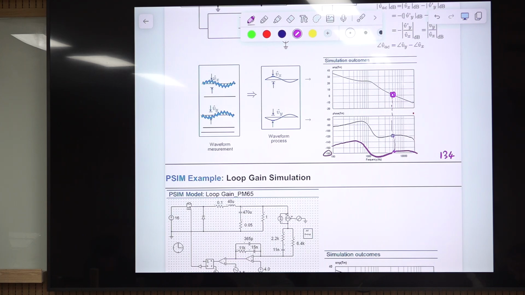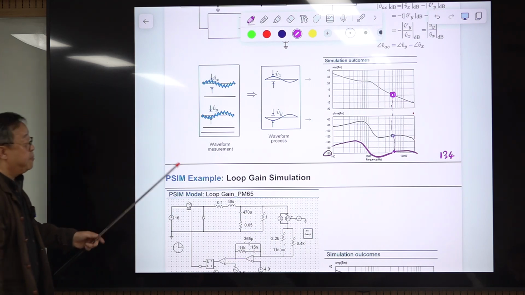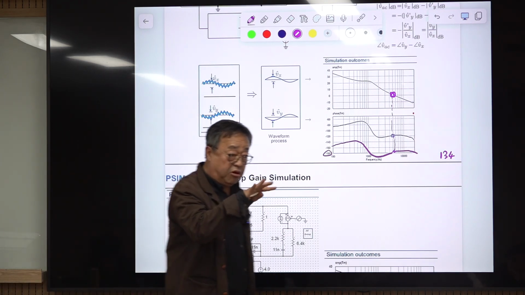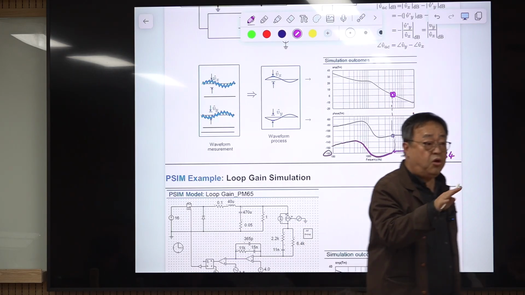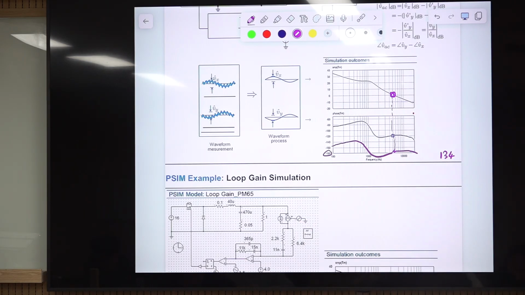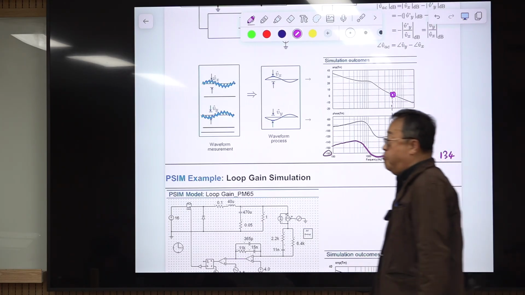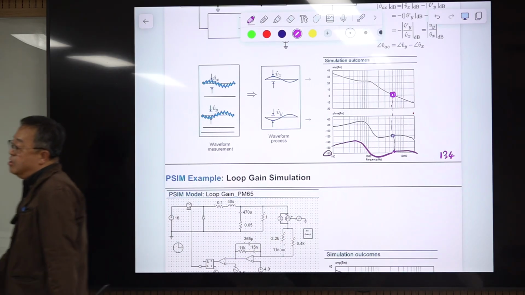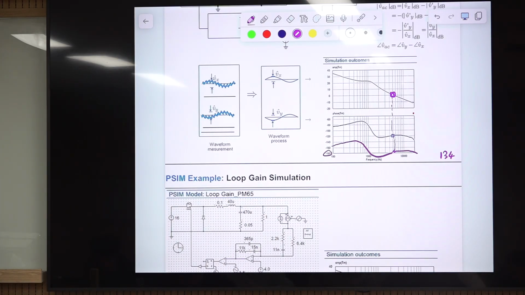This magnitude is 1. At the frequency where the phase becomes minus 180 degrees, the ratio between input and output is 1. That means what? There is the condition for sustained oscillation. So there is the borderline between stability and instability. So this is considered as the margin, the phase margin, PM.